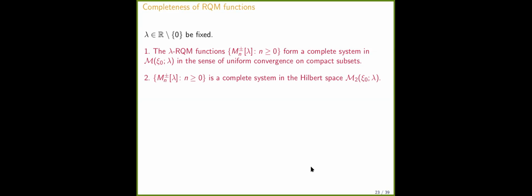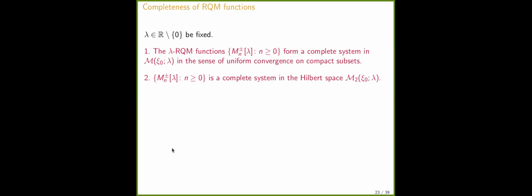If you fix lambda, the three-dimensional functions m, n, plus, minus, form a complete system in the lambda metamonogenic functions in the coordinate rectangle or in the ellipse, whichever way you want to look at it, in the sense of uniform convergence on compact subsets, and also a complete system in the corresponding Hilbert space with the weighted inner product.